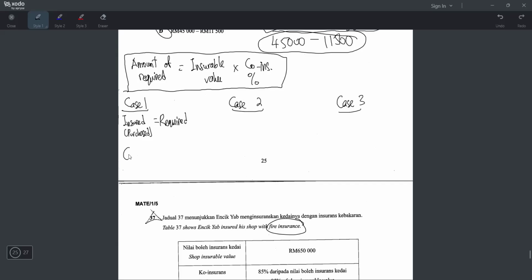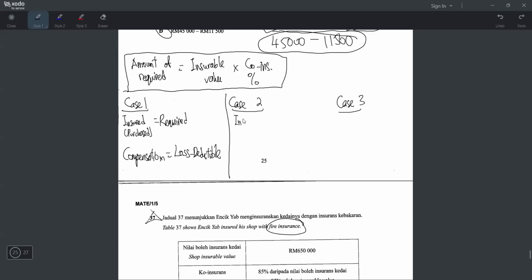And if it's case 1, the formula to calculate compensation is loss minus deductible. What is compensation? Compensation means the payment, or you can say the claim, the money the company pays us when the loss happens. That's called the compensation. Okay, this one is case 1.